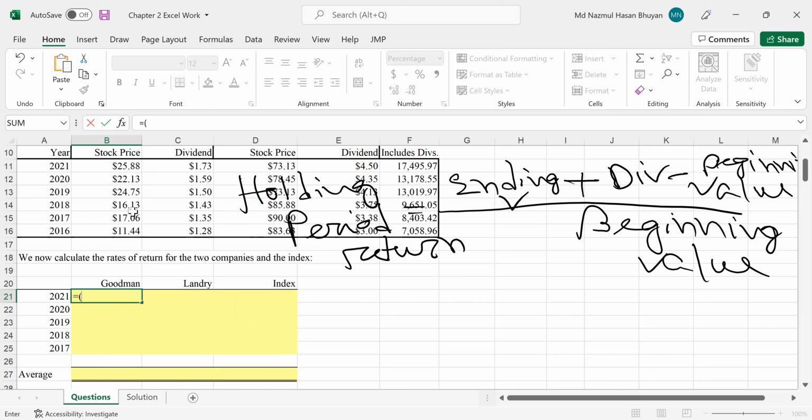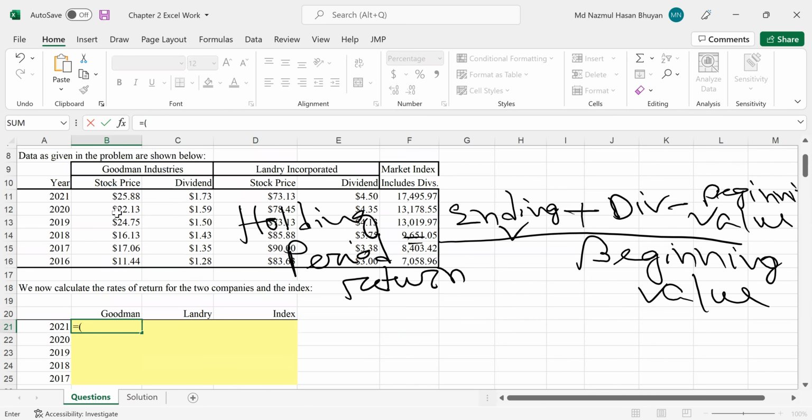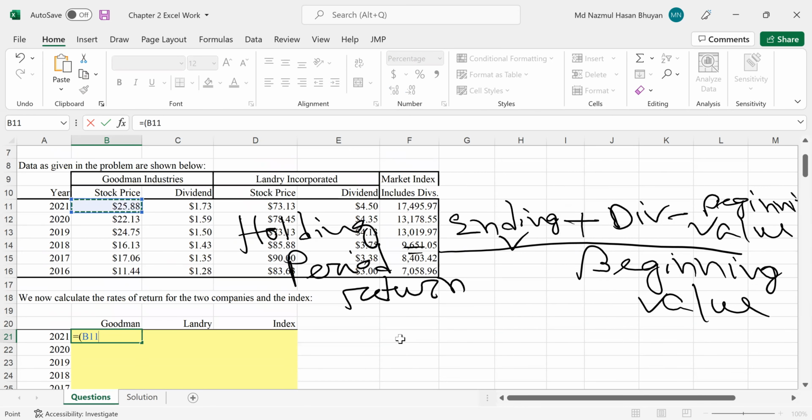So here for Goodman, the ending value in 2021 is 25.88. This is the last value we have in 2021. Then plus the corresponding dividend in this particular year is $1.73.